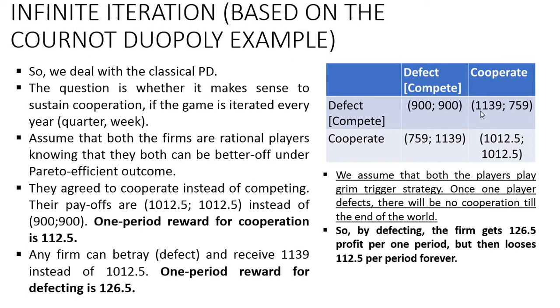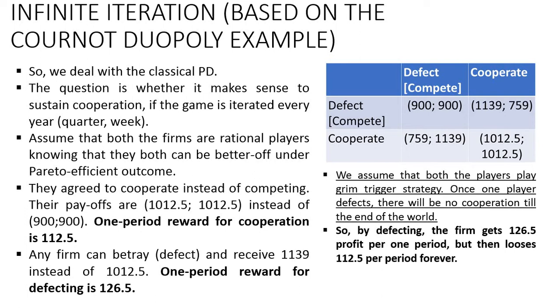So in this case, the one-period gain from defecting is 1139 minus 1012.5. So basically it's 126.5.